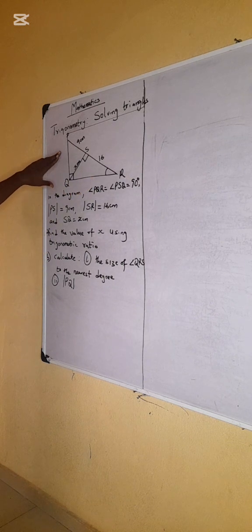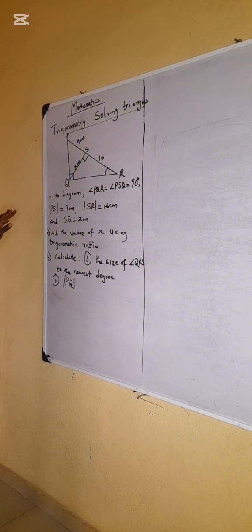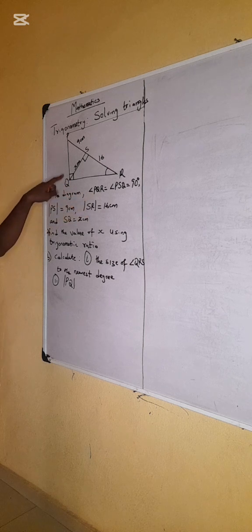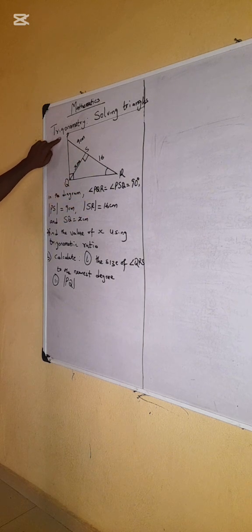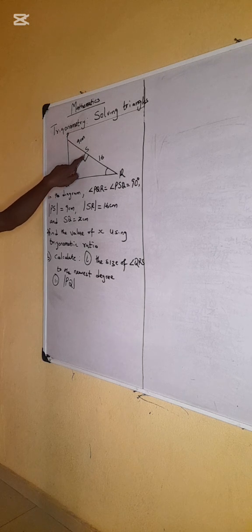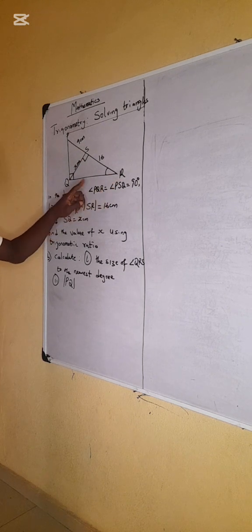In this question, we are given triangle PQR. From the diagram, we can see that angle PSQ is 90 degrees, and also angle PQR is 90 degrees.